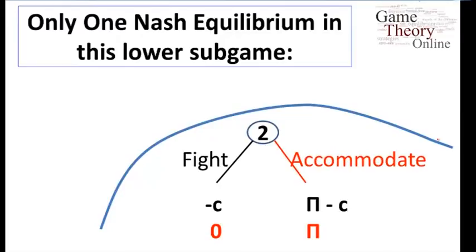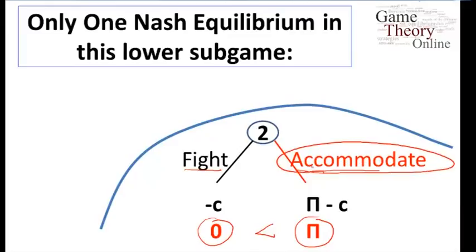This is just a one-player game, where they either choose to fight or accommodate. They either get a payoff of 0 or pi. Pi is bigger than 0, so the only solution that is going to be a Nash equilibrium in this subgame is to accommodate. So a subgame perfect equilibrium is going to have a specification of player 2's strategy be accommodate in the subgame.